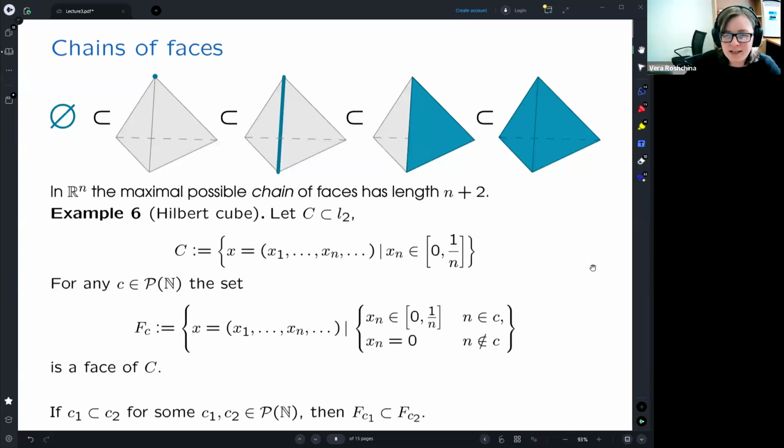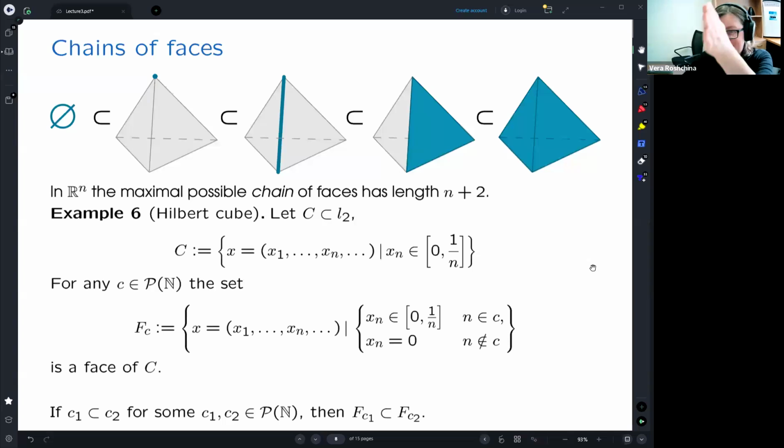Of course, in infinite dimensions, we don't expect the chains to be finite, but it's even more interesting, after looking at those pretty weird examples that convex sets can have, even in some very nice spaces like L2. They can have faces that are uncountable. So I can have an uncountable chain of faces.